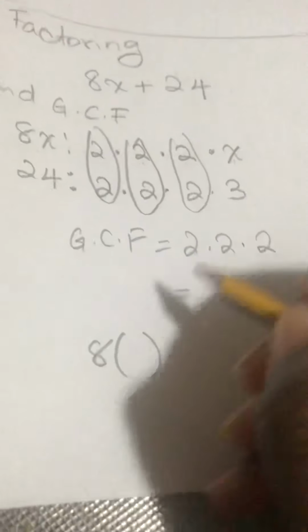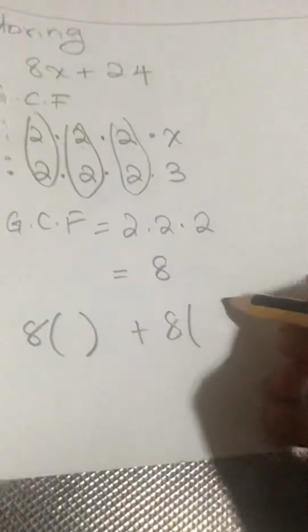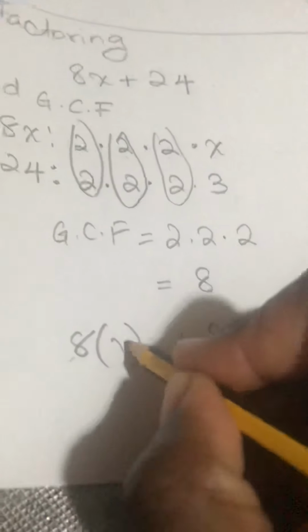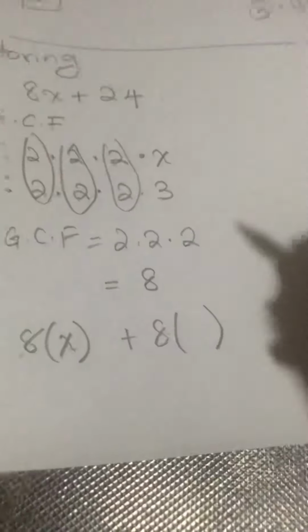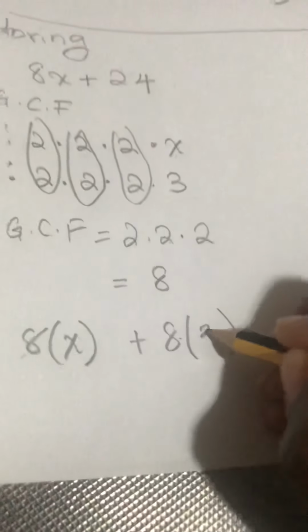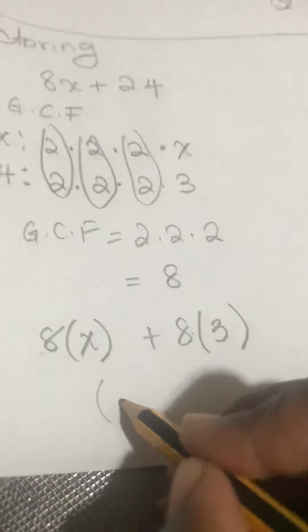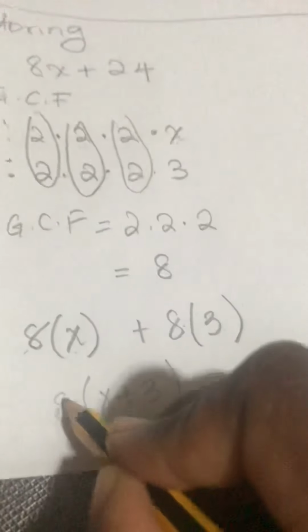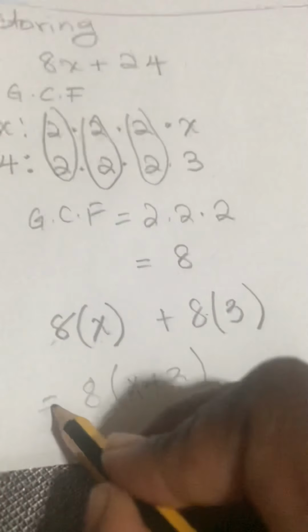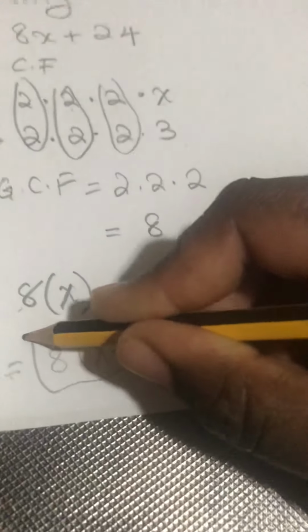See, there's a plus there. Plus. 8 times what is 8x? 8 times x. 8 times what is 24? 8 times 3. Then these that are in the bracket, I will put them in one bracket. x plus 3 with the 8 outside. And this is my answer.